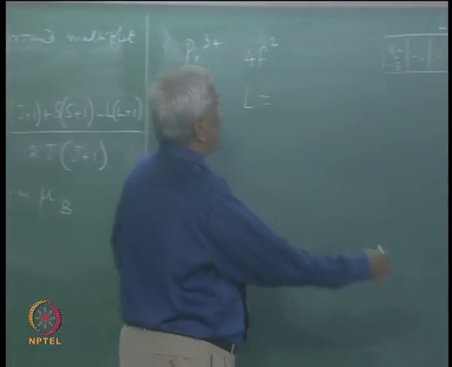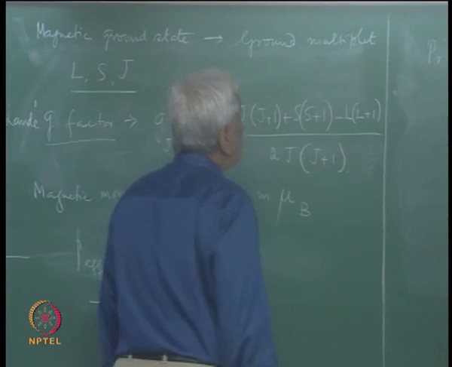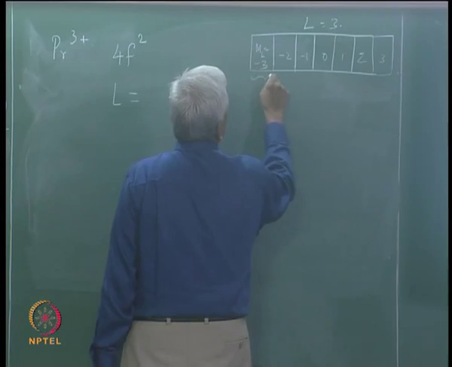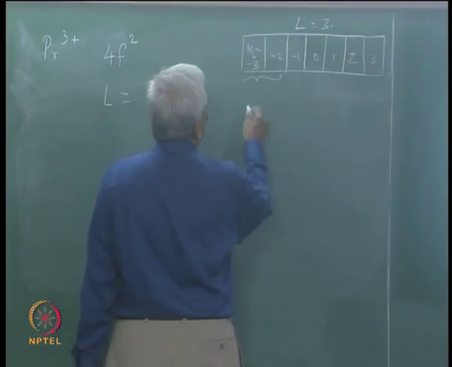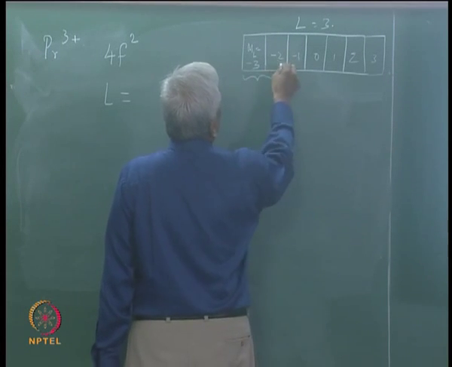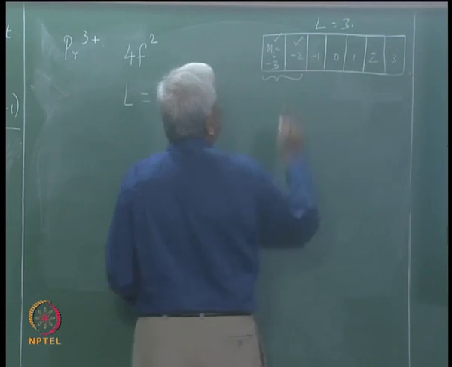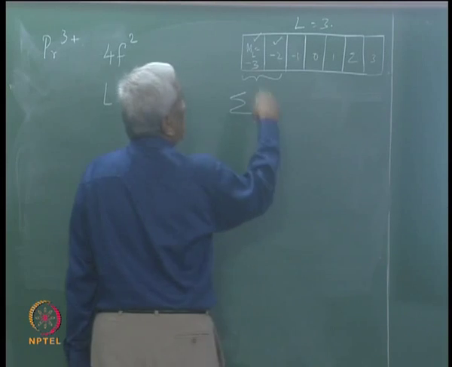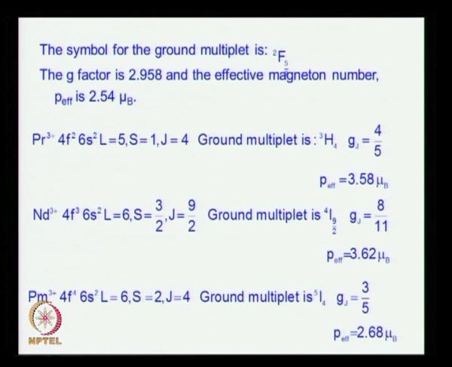So, the Hund's rules tell us that the electrons will have a total ML value and hence a total L value due to the coupling, which will correspond to the sum of the 2 states which the electron occupies, the corresponding ML values sigma ML corresponding to the 2 states, such that the spin multiplicity is maximum.